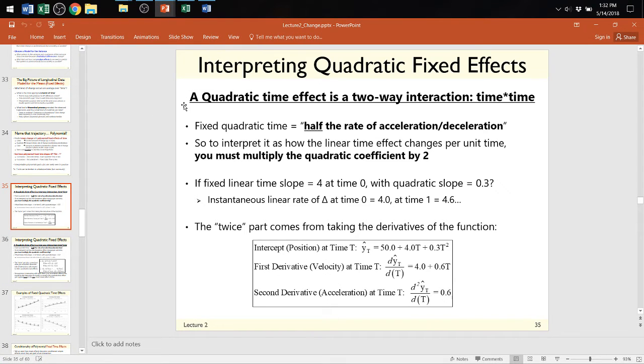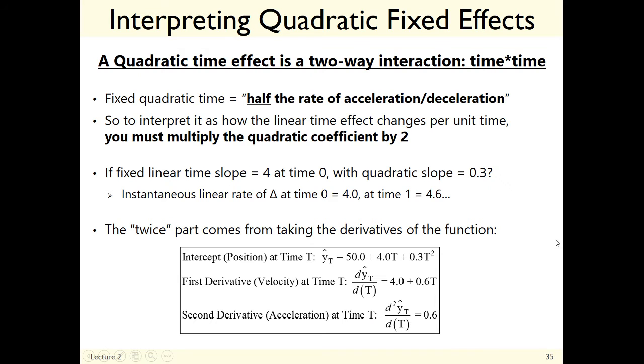Because we're going to have a quadratic fixed effect. So I'm switching lectures for a second to go into some of my more introductory stuff. So just look up here for a moment. I can give you 2 reasons why it has to be twice. If we're talking about a quadratic effect of time, we're allowing the linear effect of time to change.